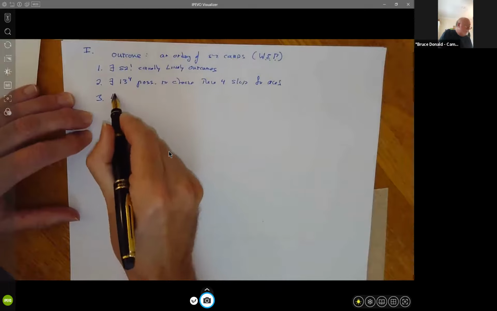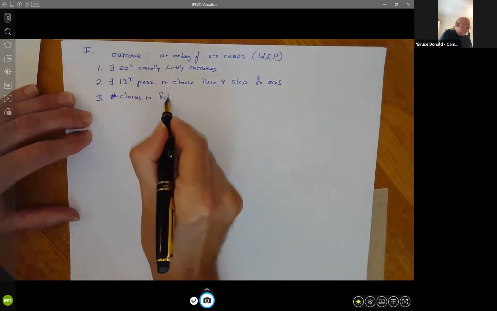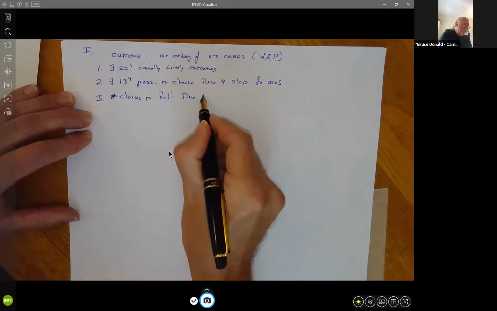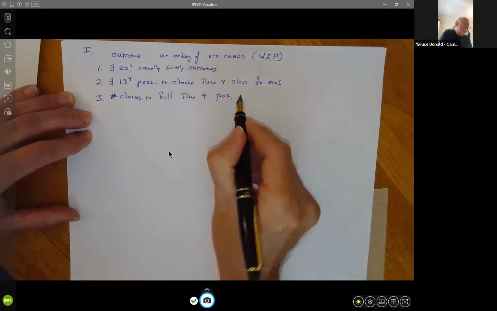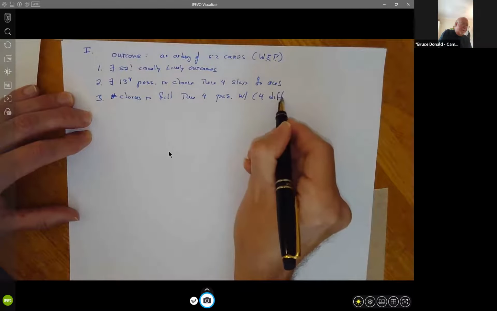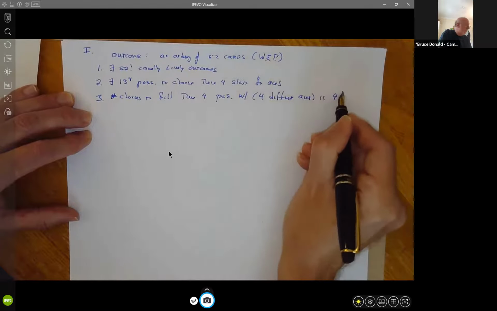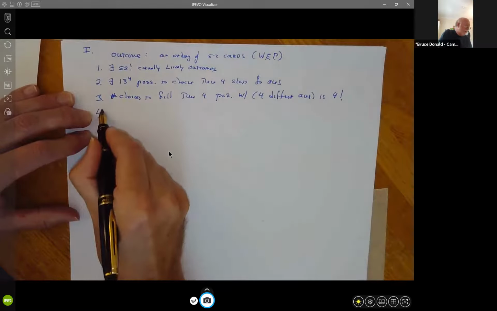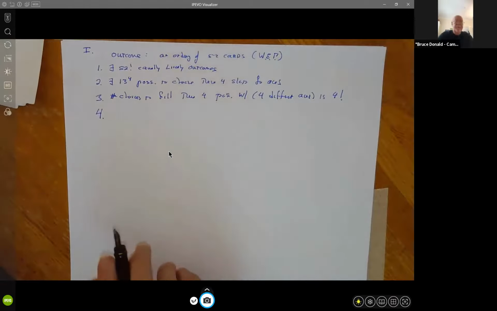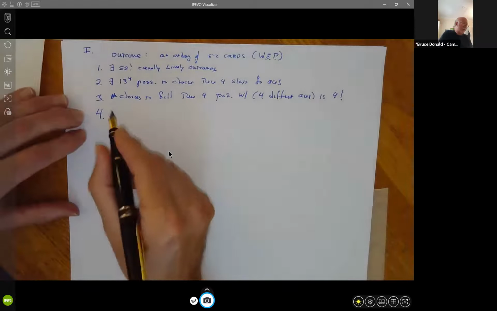So the number of choices to fill these 4 positions with 4 different aces is 4 factorial. Now, the other thing we have to do is treat all the other cards. There are lots of other cards that we haven't thought about, so we have to order the rest of the cards in 48 factorial different ways.